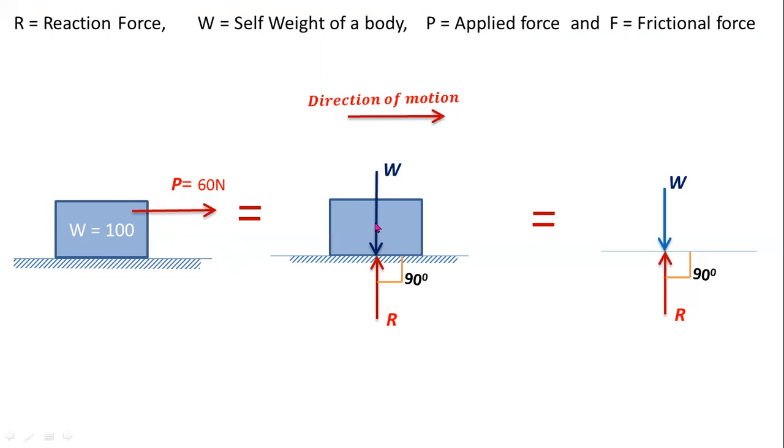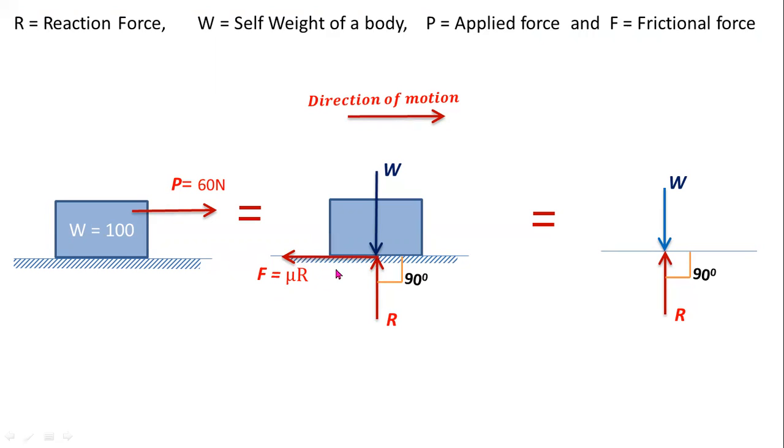Okay, now the frictional force F equal to mu R acts parallel to the support, and this is opposite to the direction of motion. Okay, here the direction of motion is right side, so you have to draw an opposite direction for frictional force.